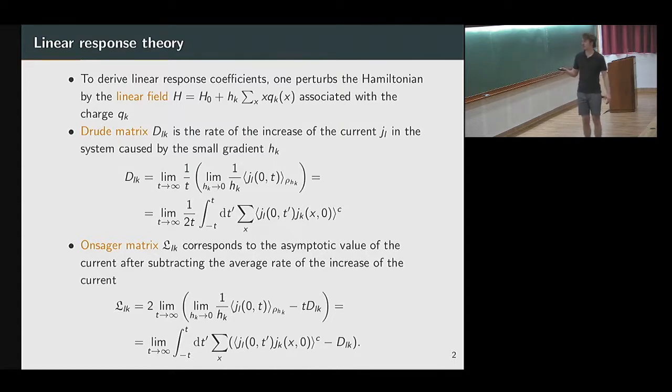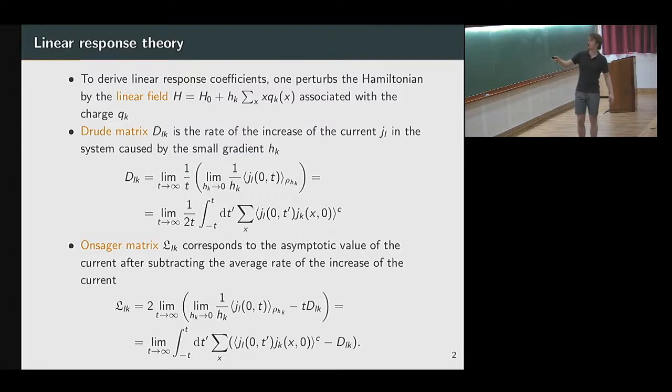In this case, using the continuity equation, we can simply derive the Kubo formula. If we introduce this constant gradient of charge, we're interested in how the current in the system will increase on average. Why does it increase?